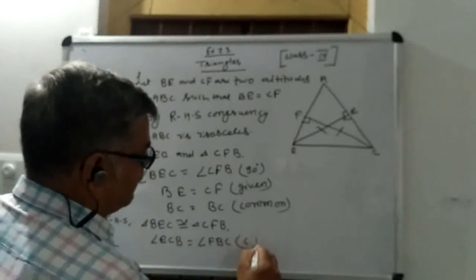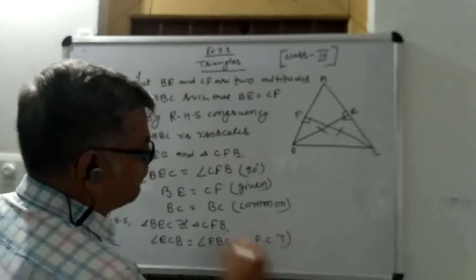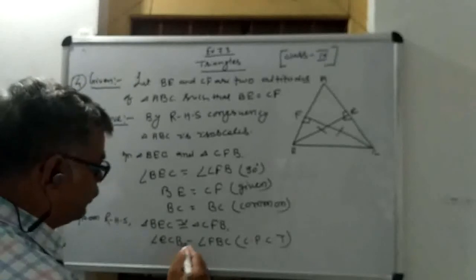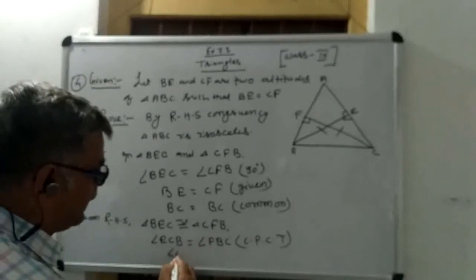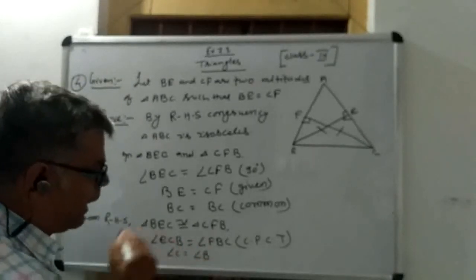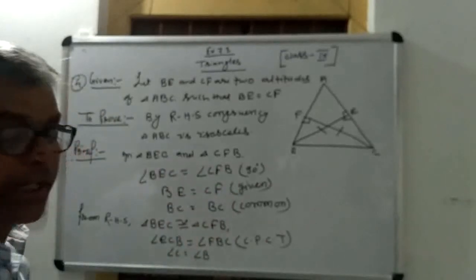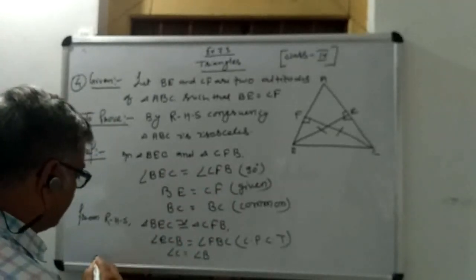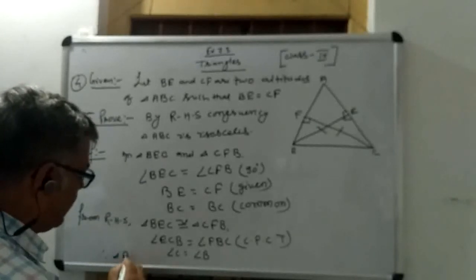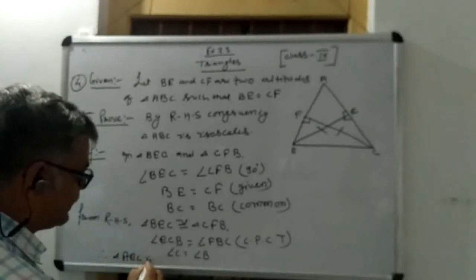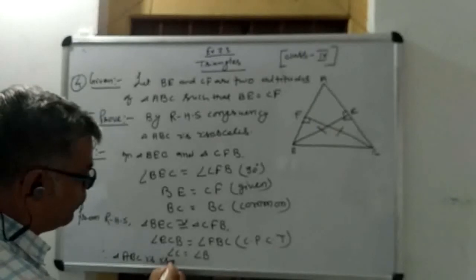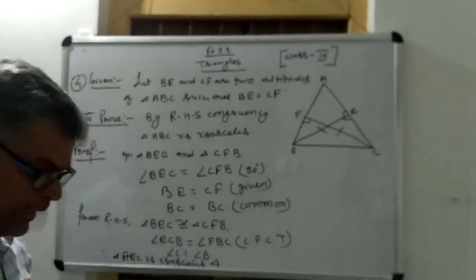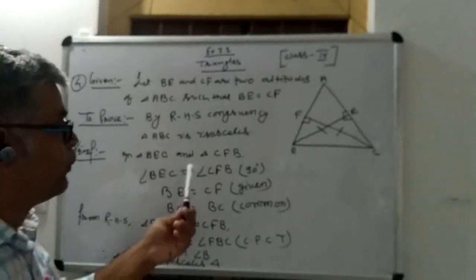You may also write angle C equals angle B, and when the base angles of any triangle are equal, then the triangle will be isosceles. Therefore, triangle ABC is an isosceles triangle. In this way, this question has been proved.